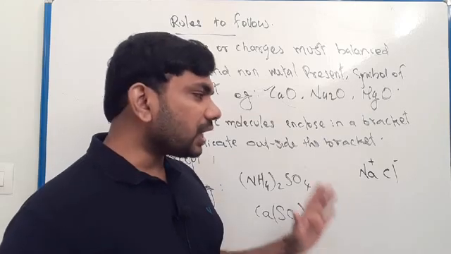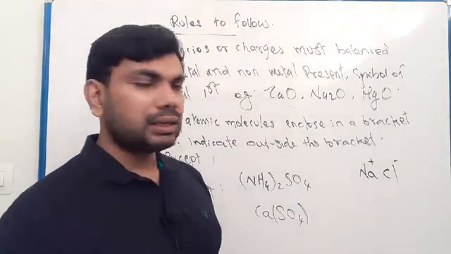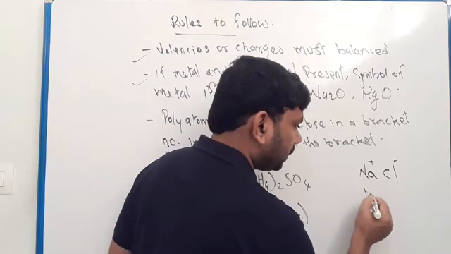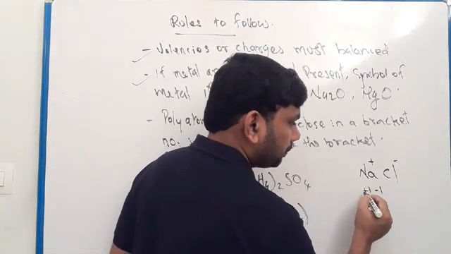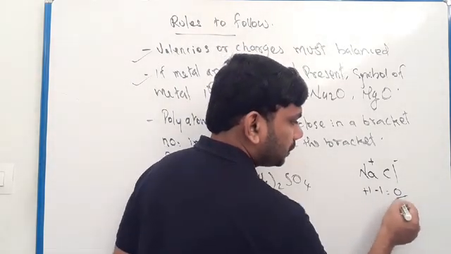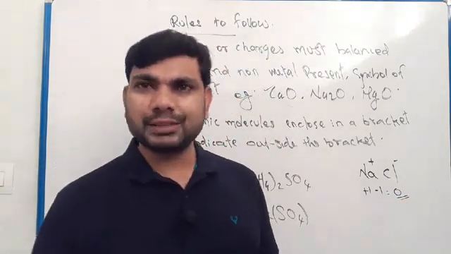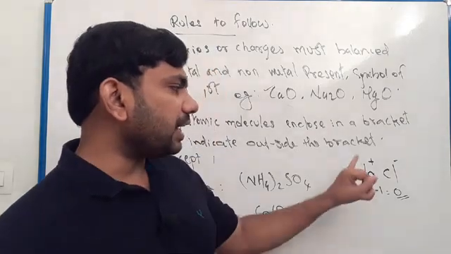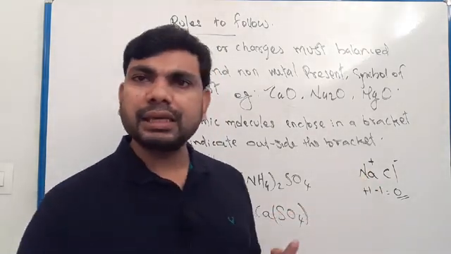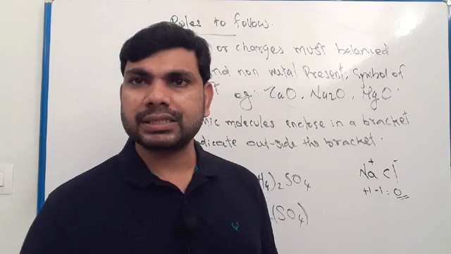So this charge must be balanced. Look here, plus 1, minus 1. Plus 1 minus 1 equals 0. So the total charge must be 0. It means the valencies of the elements in a compound must be balanced.